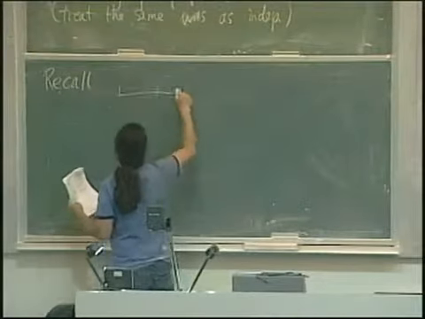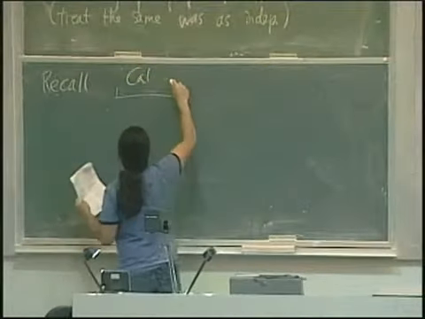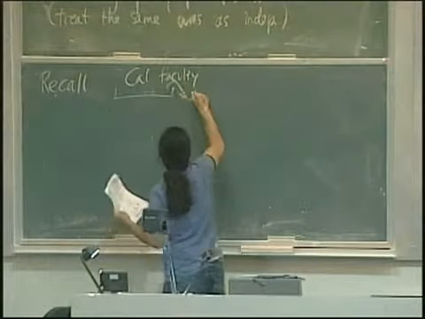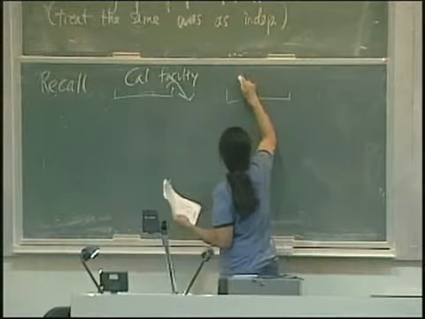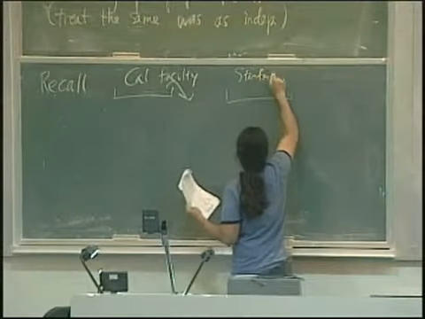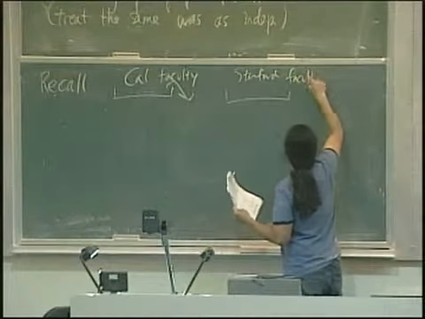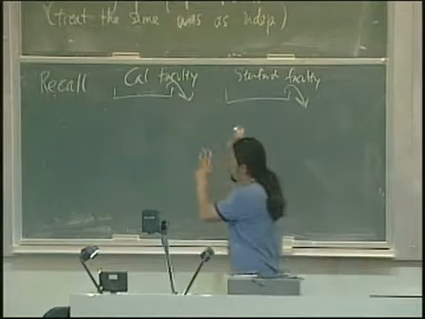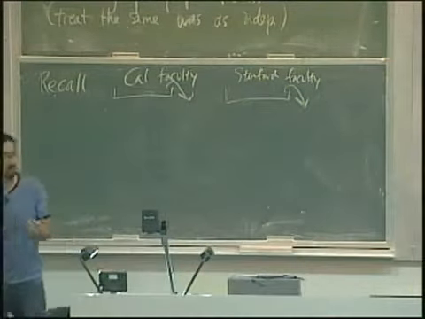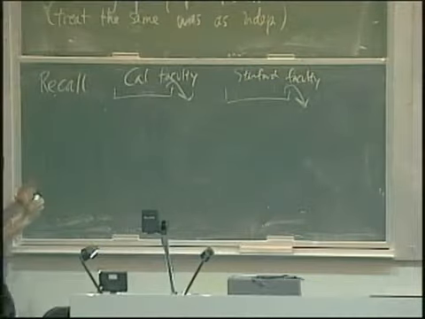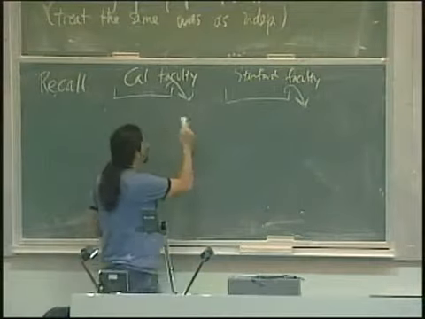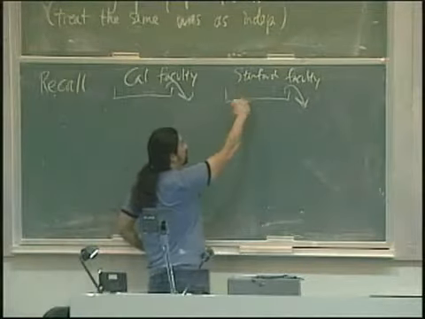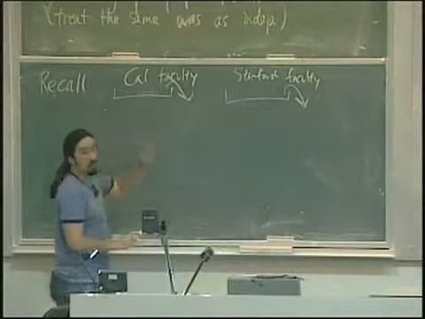recall this example from last time where we have a Cal faculty sample here and a Stanford faculty sample here. I don't really need you to recall any more than that. This example had to do with the percentage of Democrats at each university, but I don't really care about that. I just want to point out what the box models look like in this case. We have a box model for the Cal sample and a box model for the Stanford sample, and those are independent.